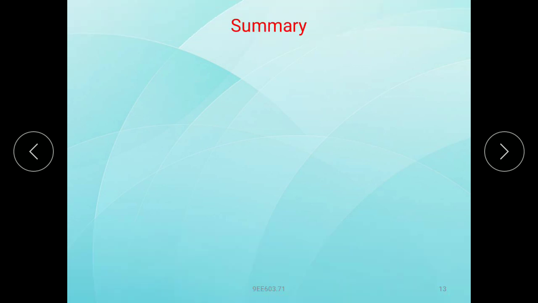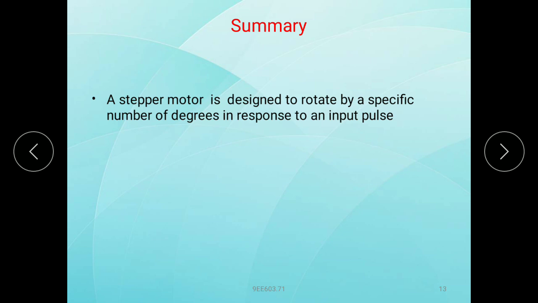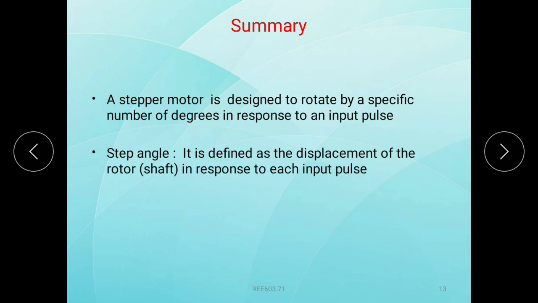So here the summary is, a stepper motor is designed to rotate by a specific number of degrees in response to an input pulse.